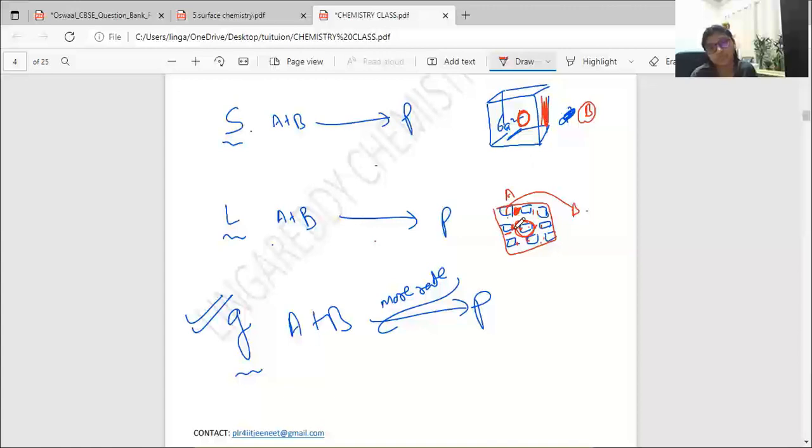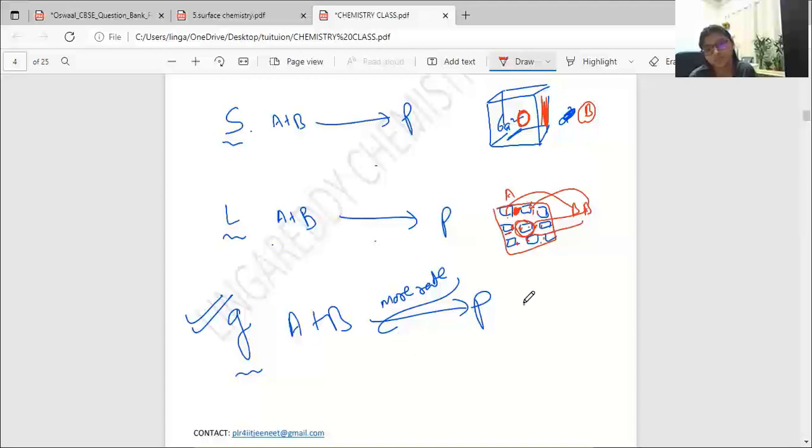In the case of liquid, the inside cubes are also separate small cubes, so B can react with the outer cube and the inside cubes too. So the surface area is increasing, and that's why the rate will increase.